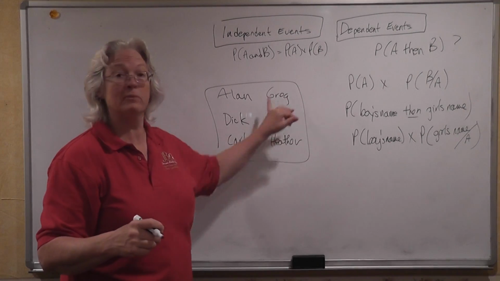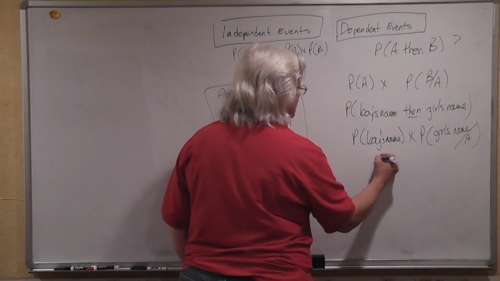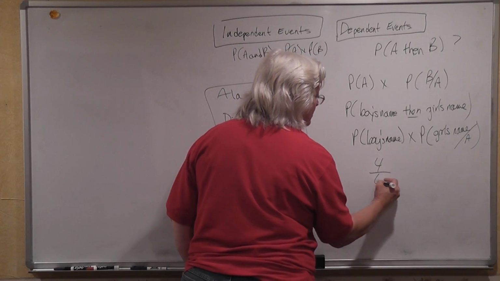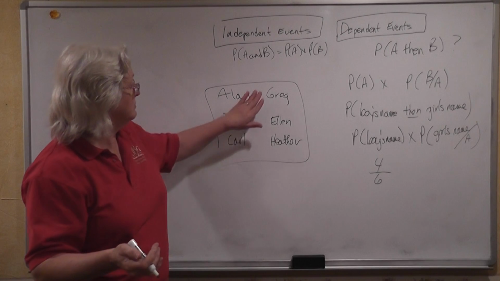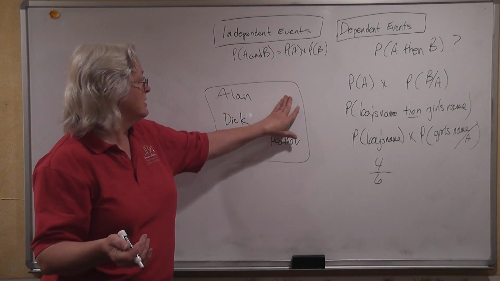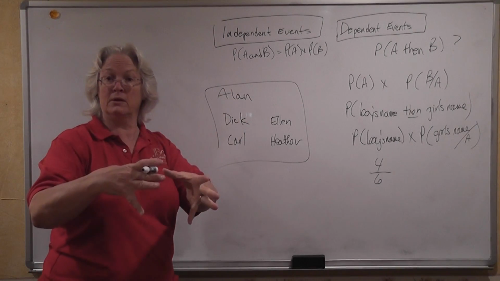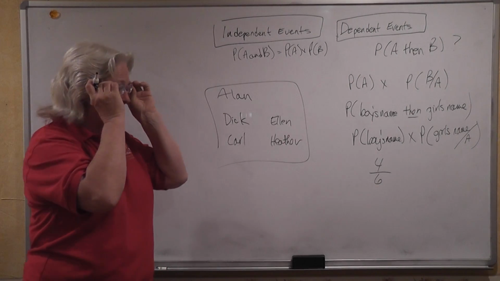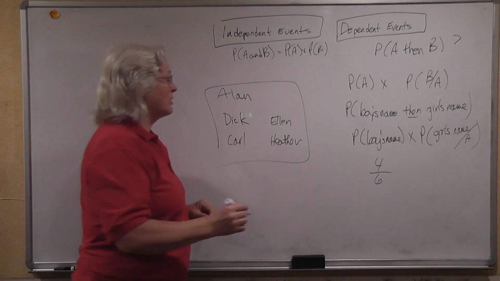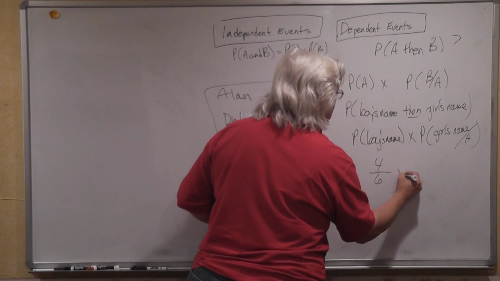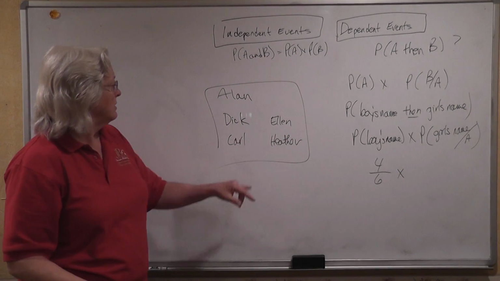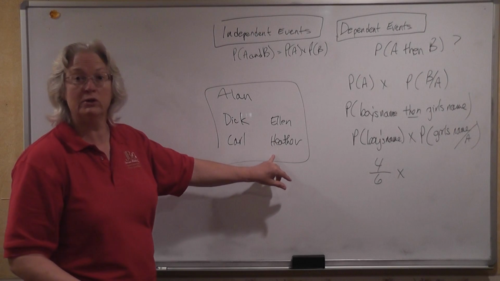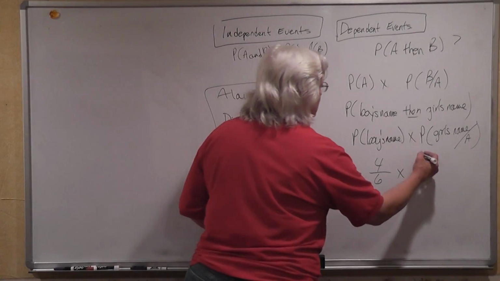Probability of a boy's name, 4 out of 6. Now, we have drawn that boy's name, so I'm going to just pick a boy's name at random. We're going to say we drew Greg's name. Now, we're not putting any more names back into the box. So what's the probability now that with this new set of conditions we're going to draw a girl's name? We have Ellen and Heather, only 2 girls' names that we have.